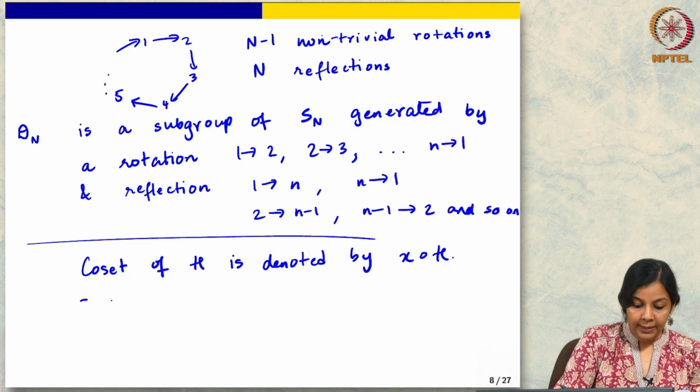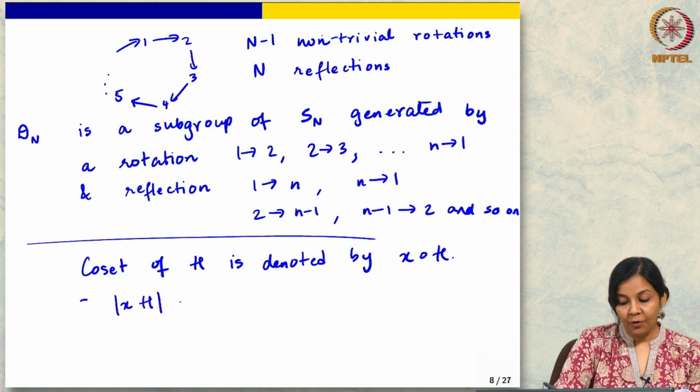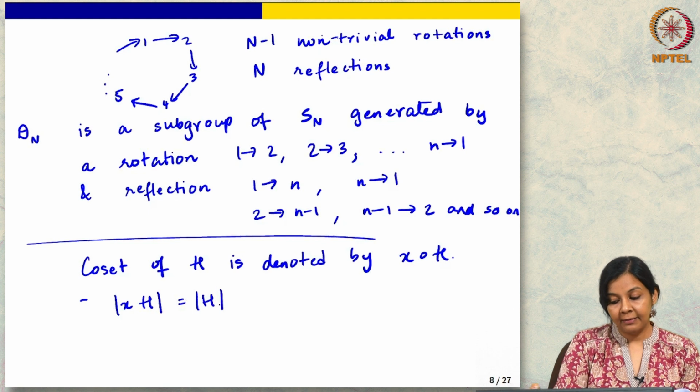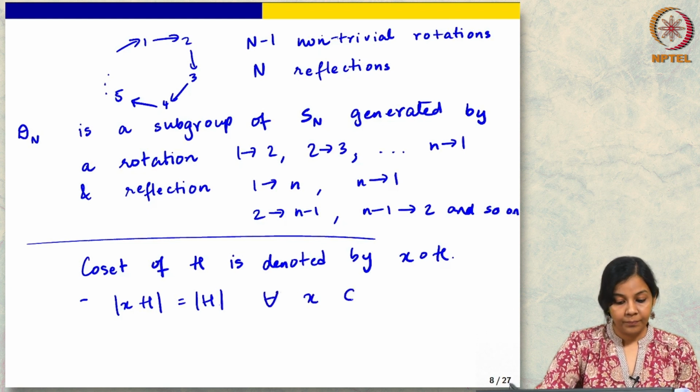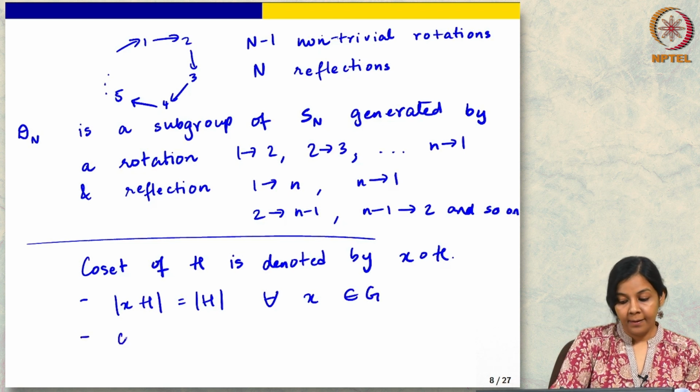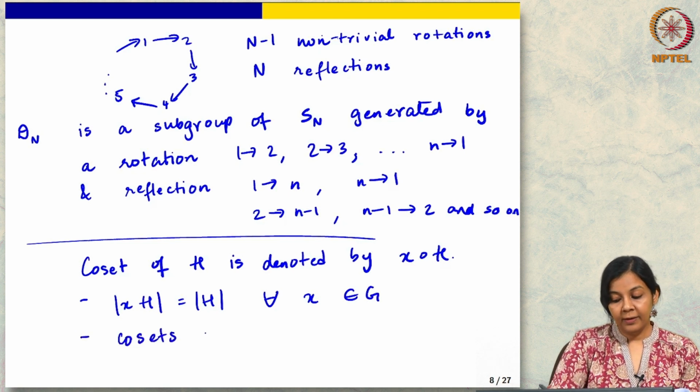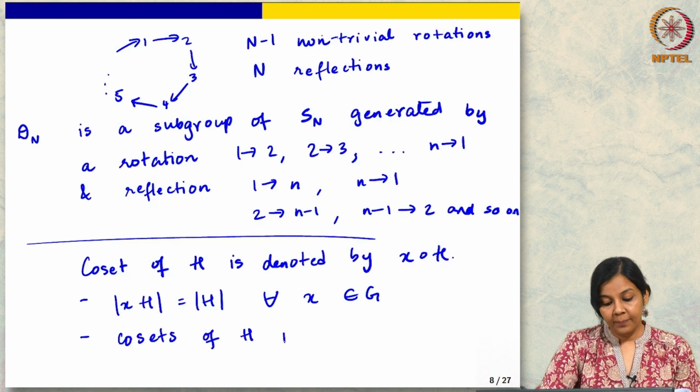Clearly, the size of a coset is the same as the size of the subgroup itself, and the cosets of a subgroup will partition G.